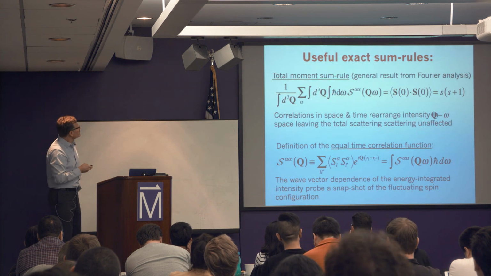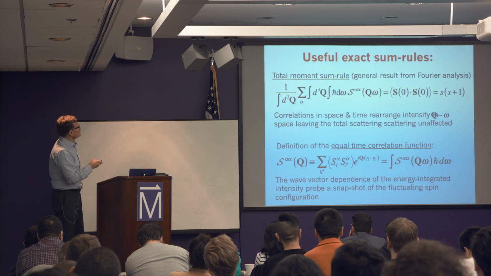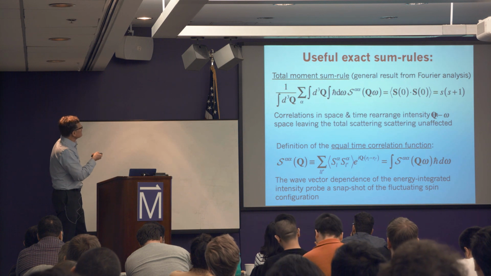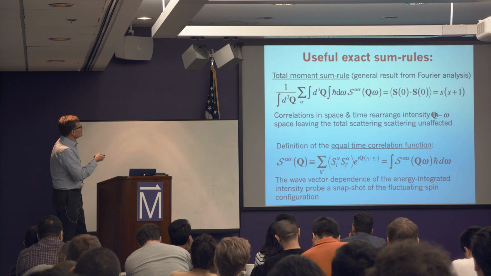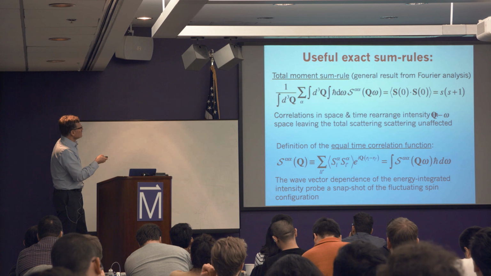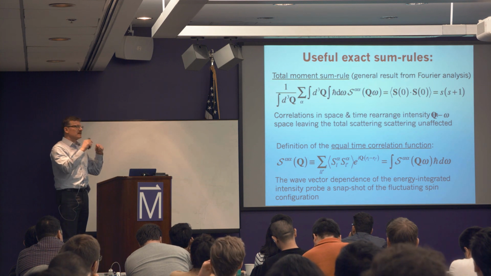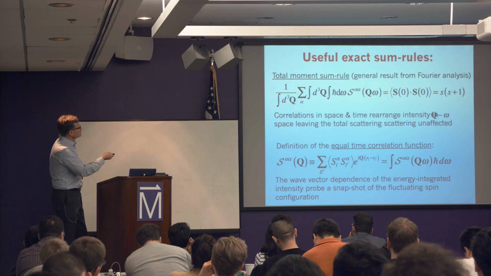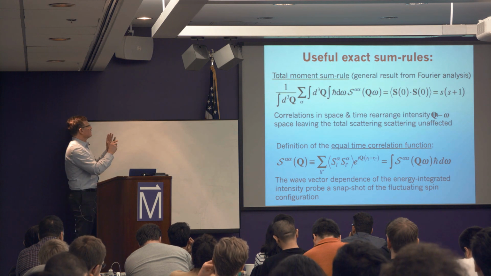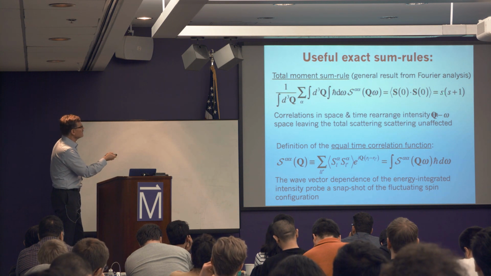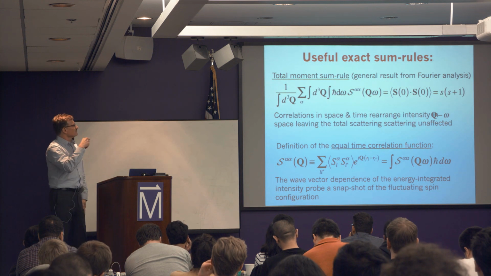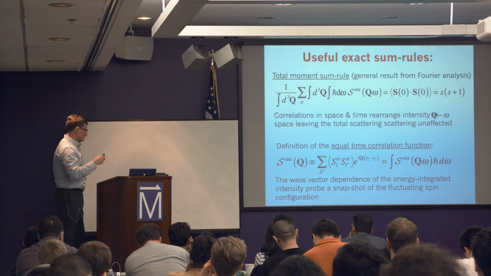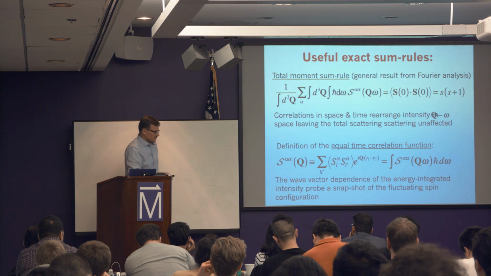So that's one part. Then we have various sum rules that are really useful to think about. One is that if I integrate over all momentum and all energy transfer, then I'm down to an equal time, equal position space feature. So I'm actually looking at the self correlation term at the same time, and that just becomes the total moment squared of that atom.